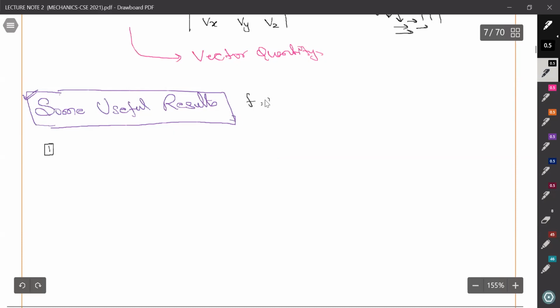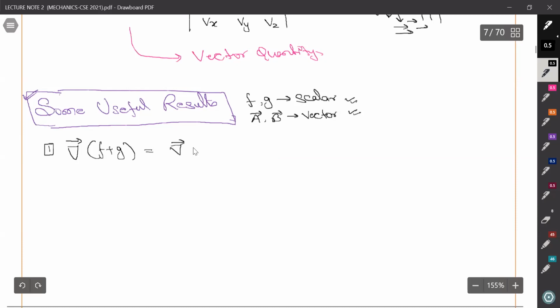Suppose f and g are scalar functions, and vectors a and v are vectors. So I am considering this. Write it down, and you must remember this formula. These are very basic formulas, and you should remember them.